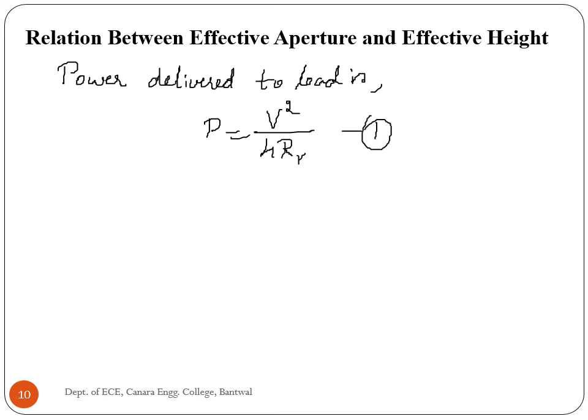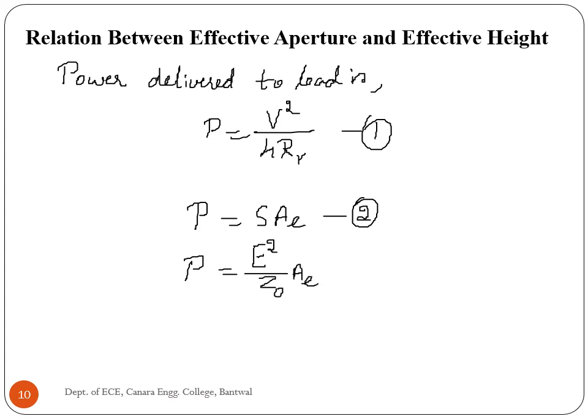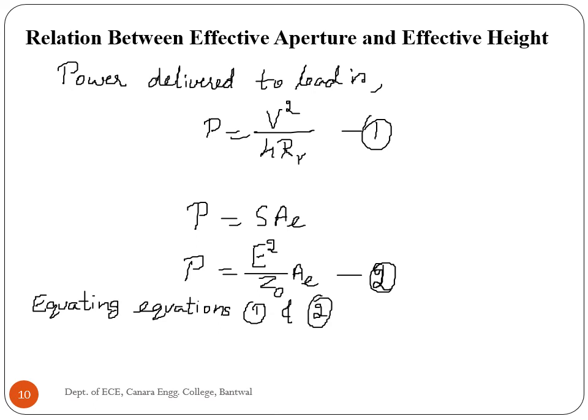In terms of effective aperture, power is given by S into A, which is equal to, we know that S is E square divided by Z0, into A. Equating equations one and two, V square divided by 4 RR is equal to E square by Z0 into A.